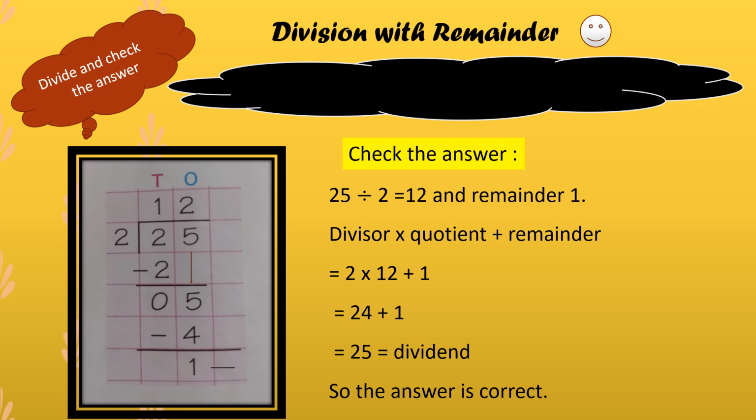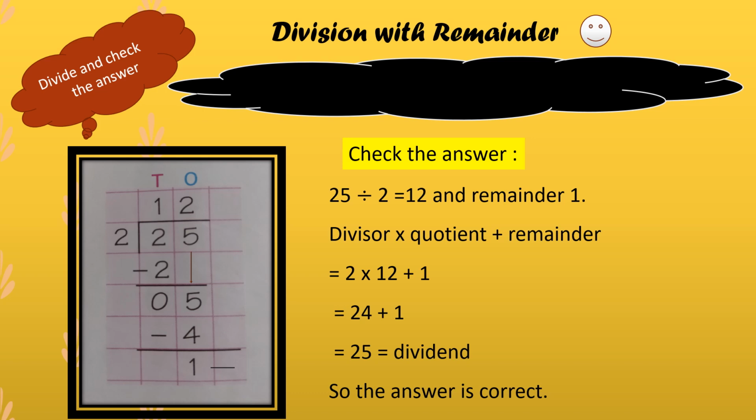So see, first we will take the 2 which is at the tens place. So we will divide 2 by 2. So the answer will be 1, because when we divide a number by itself, we always get the answer 1. You remember that property, no? Yes. So 1 we will write at the quotient's place, and 2 we will write just below the number 2 which is at the tens place.